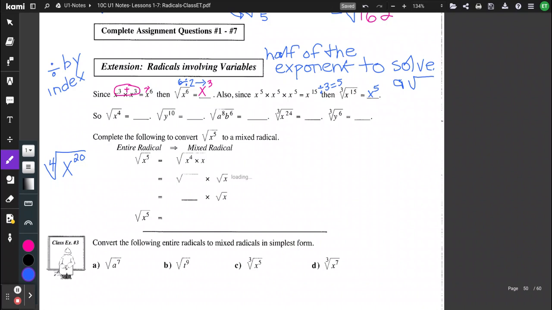You just divide literally the exponent by the index. So this guy's answer is going to be x5. So what it means is you took 4 of those x to the 5s and got x to the 20. That's what that's telling you. So you had 4 of those x to the 5, 4 of them. And they're all multiplying. And that's how you get your 20.